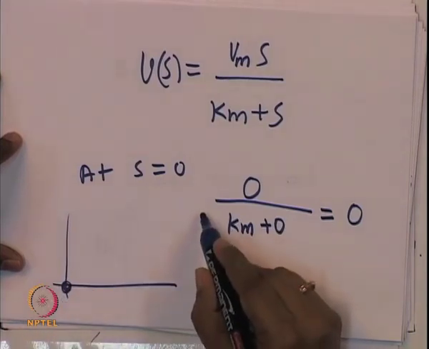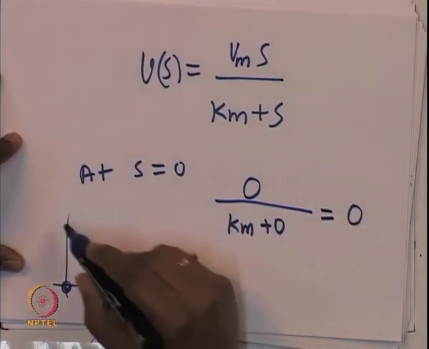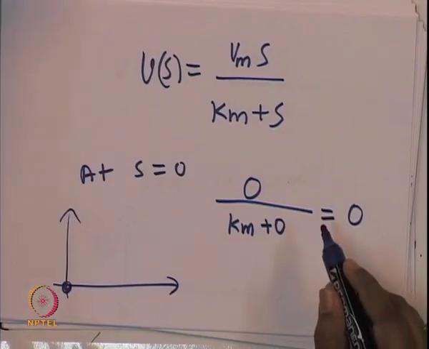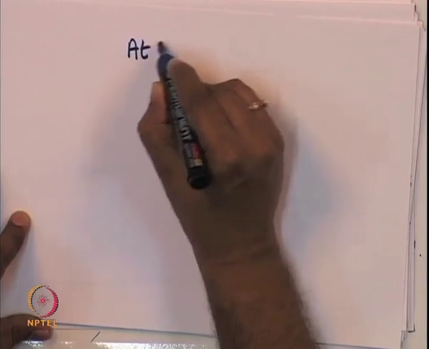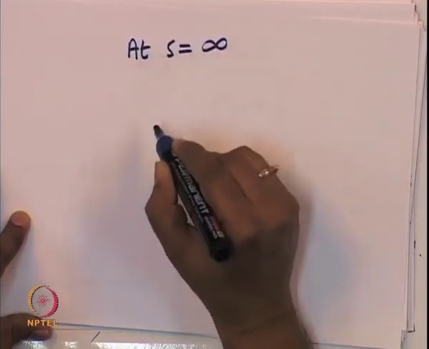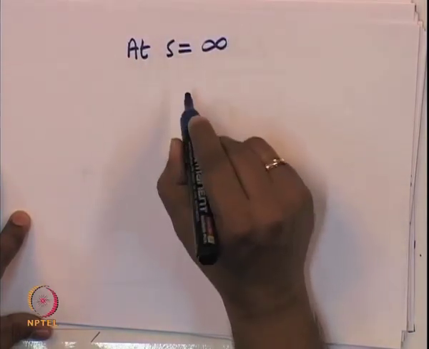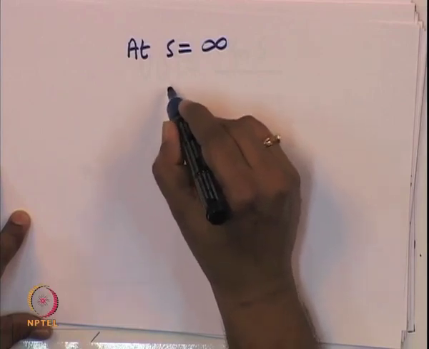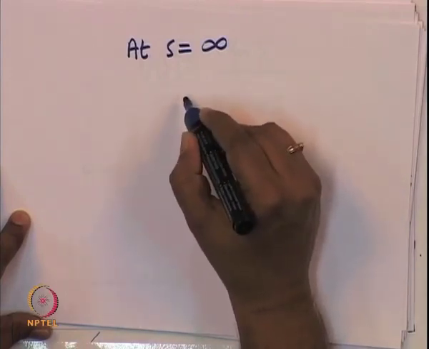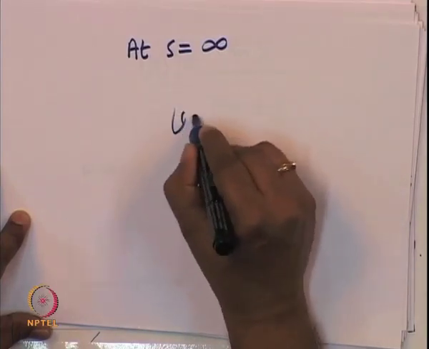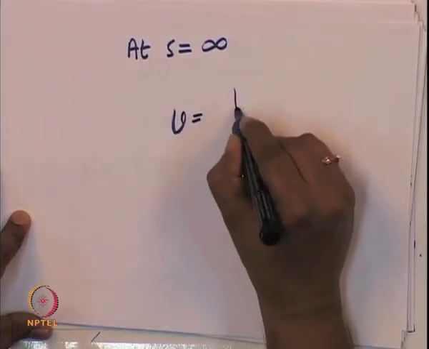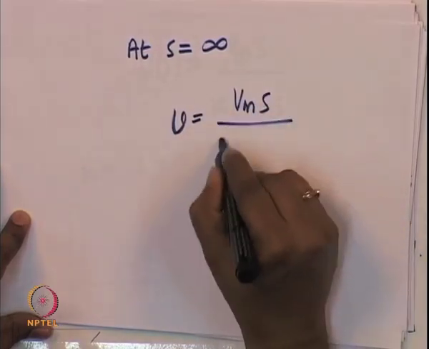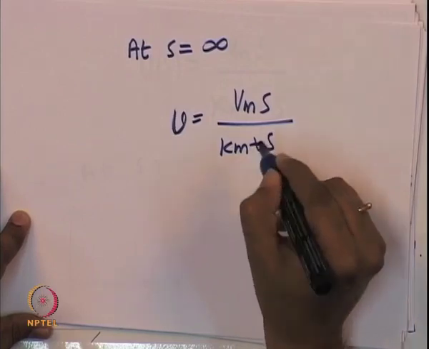Now, let us look at far away, s equal to infinity. As s goes to infinity, we have V equals Vm s by Km plus s.